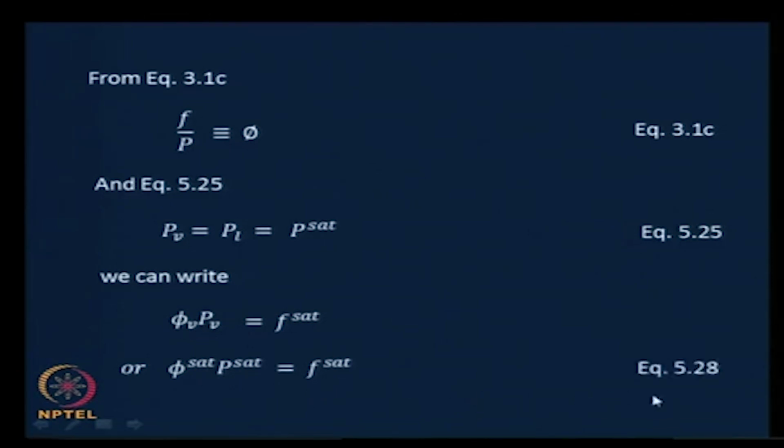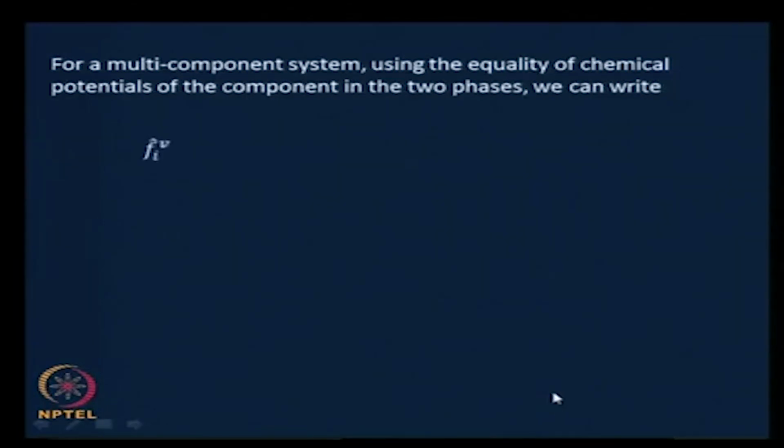This was equation 5.28, and what was left as an assignment for you was to develop similar expressions for a multi component system. This is for a pure component system, and you are asked to develop equations for multi component systems. Hopefully you could do that, and let us see how they look now.